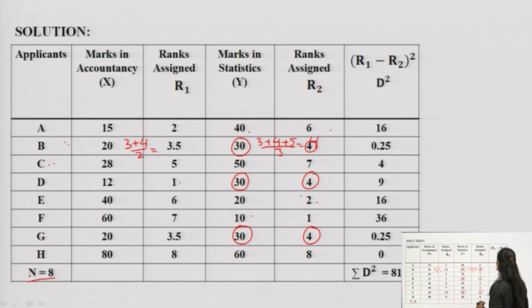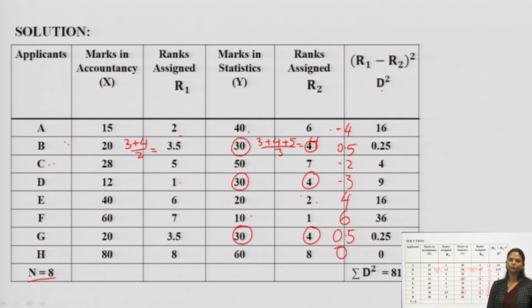Now, my question demands D square. I have the ranks with me, so I will find out R1 minus R2. 2 minus 6 gives me minus 4, 3.5 minus 4 gives me minus 0.5, 5 minus 7 gives me minus 2, 1 minus 4 gives me minus 3, 6 minus 2 gives me 4, 7 minus 1 gives me 6, 3.5 minus 4 gives me minus 0.5 and 8 minus 8 gives me 0.